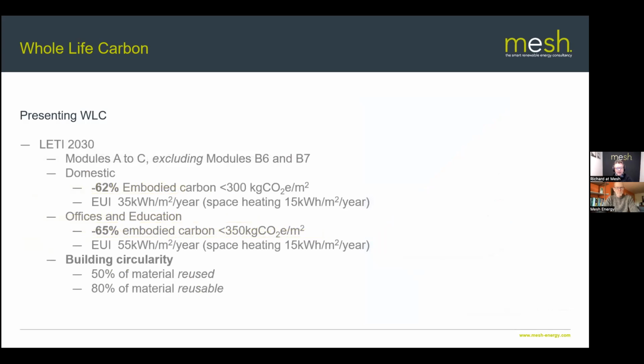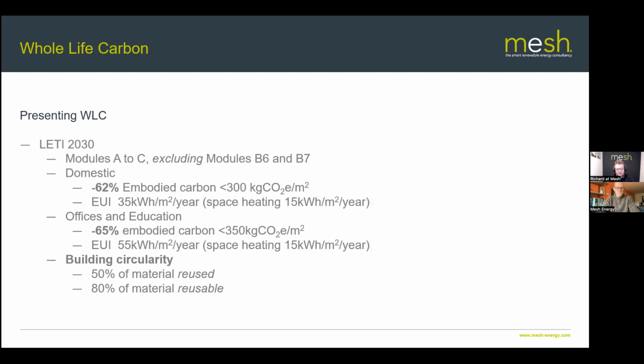LETI is a little bit complicated. You run the calculations for module A to C, so the whole life of the building, but it does exclude the operational energy and water use because it's all about just assessing the building as an object and its materiality, building services, and so on.